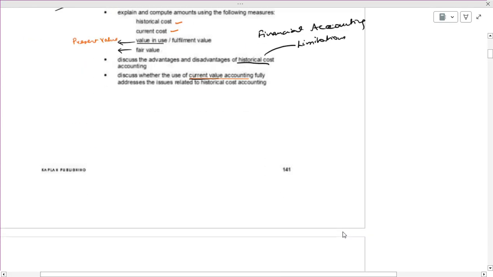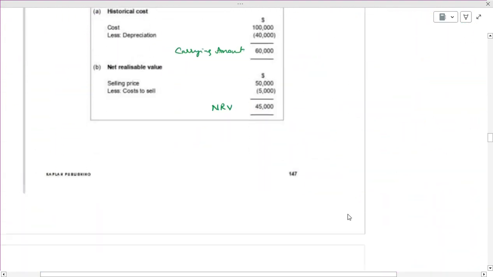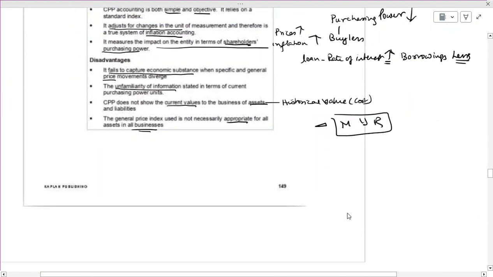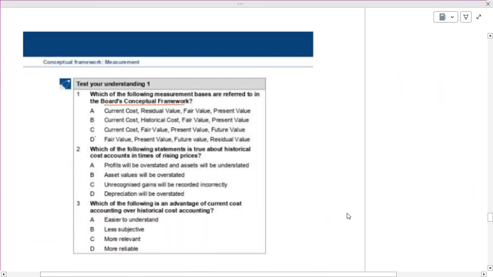Now, what is the answer for this? Residual value is there. B, doctor. Residual value, no. Future value is there, current cost is there, historical cost is there, fair value is there.